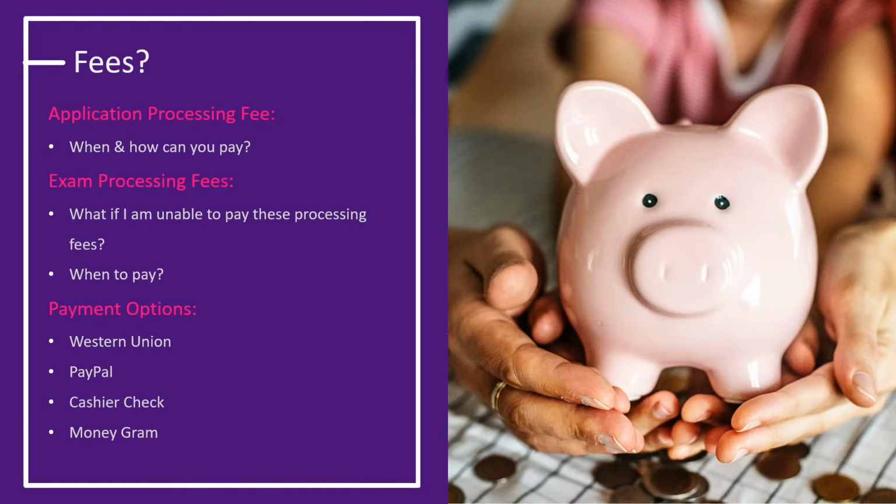Payments may be made through Western Union, either agent location, the quick pay, or Western Union wire transfer global pay, PayPal, cashier's checks, and payment via MoneyGram. PayPal payments can be made with your personal PayPal account or any major credit card or debit card like Visa, MasterCard, Discover, American Express.